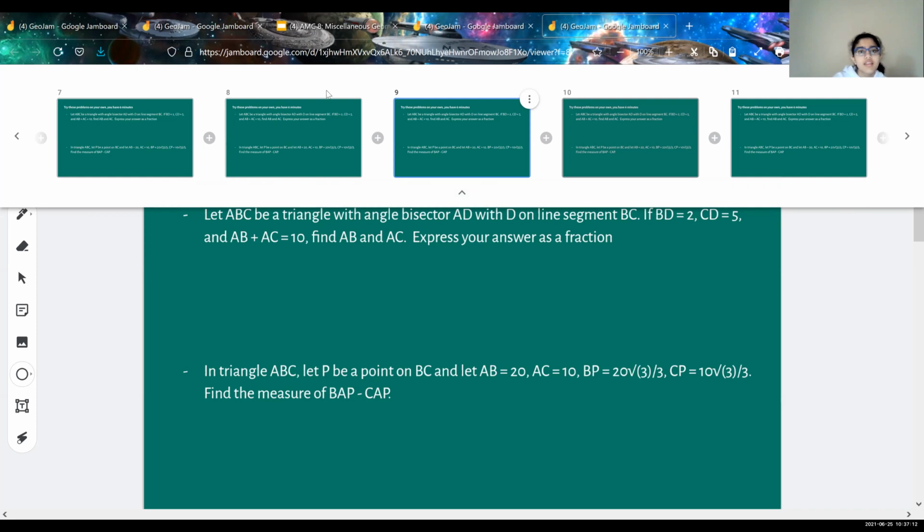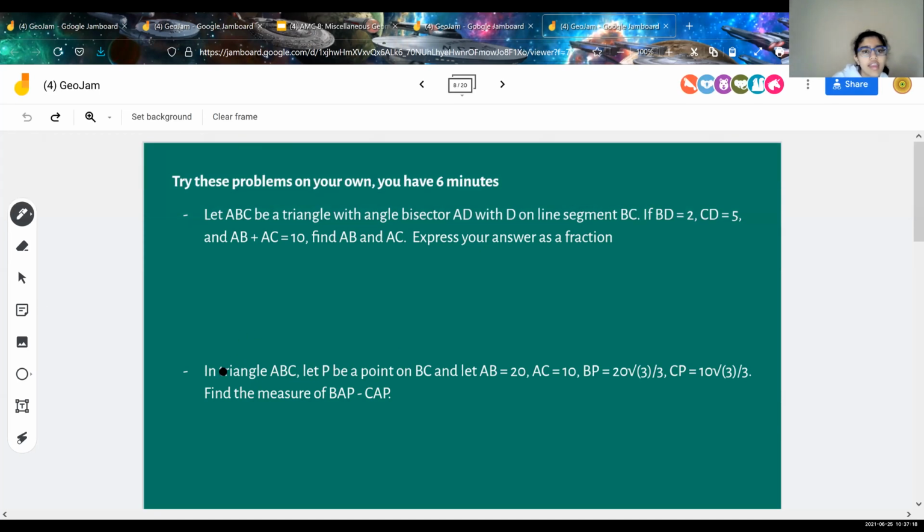Okay, so 2 minutes have passed, so I am going to start explaining. Let ABC be a triangle with angle bisector AD with D on line segment BC.